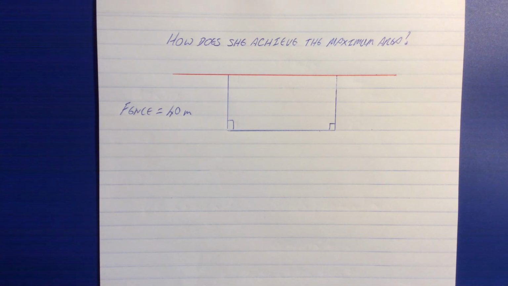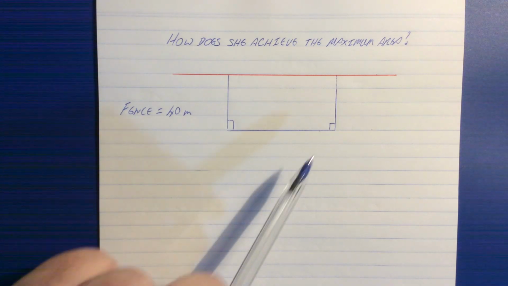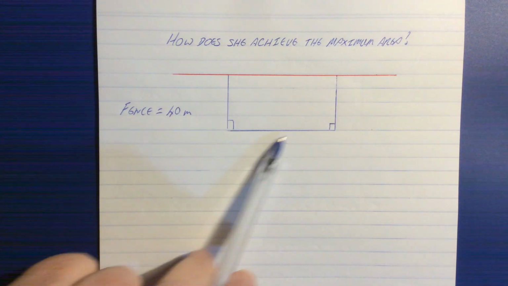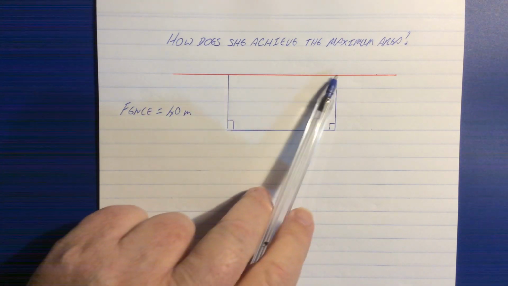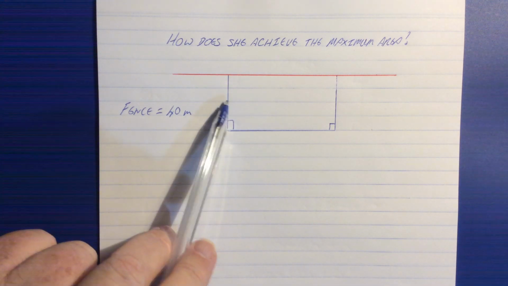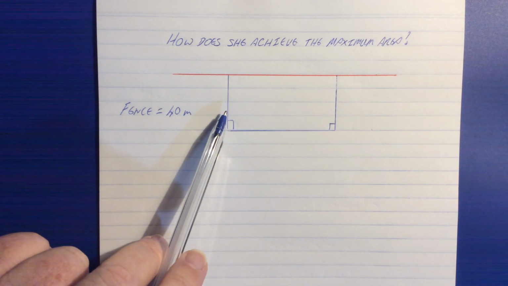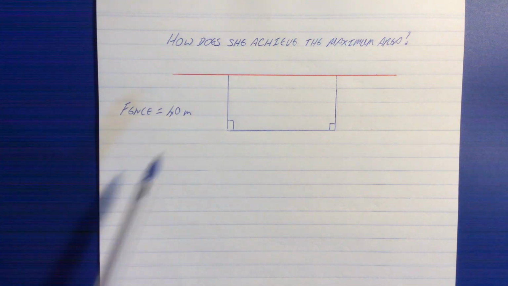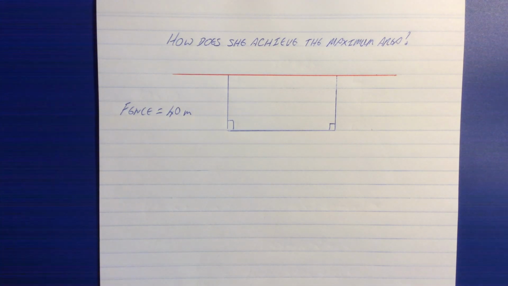But this is a little different because we're really working with three sides here rather than using this to get a four-sided figure. I'll explain a little bit more once we get going.